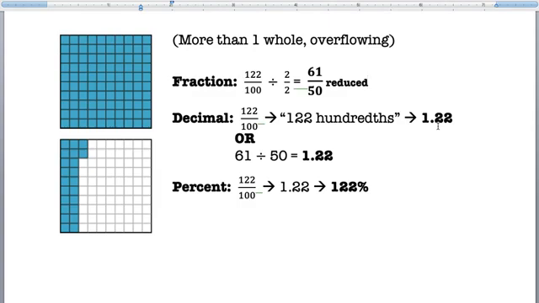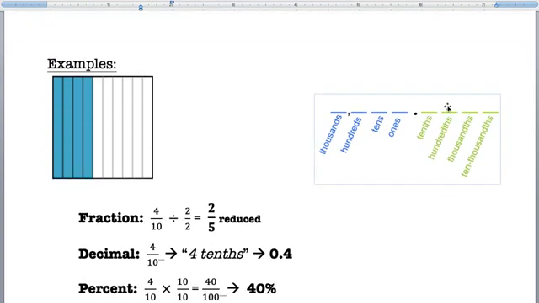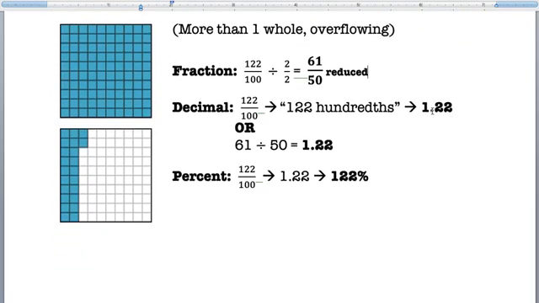And if we review our chart from above, we would see that hundredths is 2 decimal places over. So we're only going to occupy 2 spaces beyond that. 122 hundredths. So we're going to stop at the 2 decimal places after the decimal point. That's how we got 1.22.